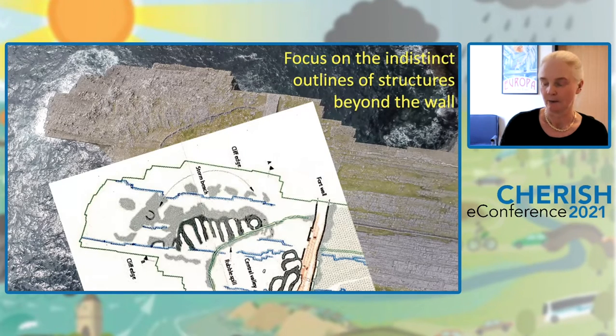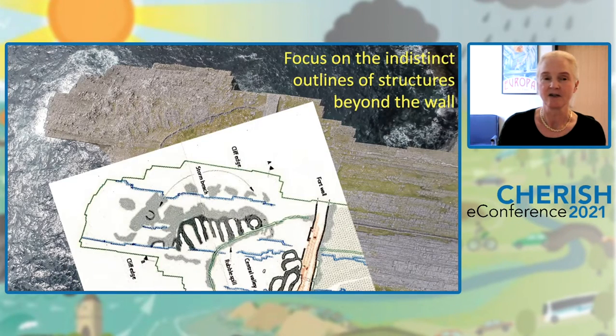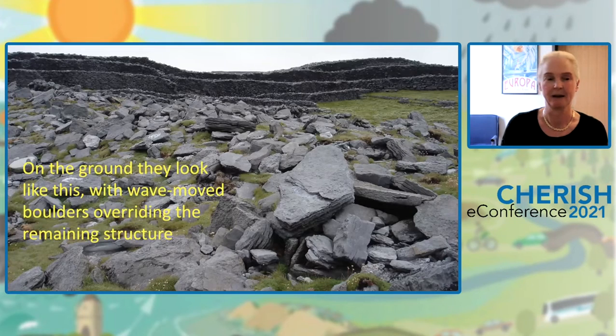And here, whereas we focus usually on the main enclosure wall and the reconstructed remains of the buildings within it, there are these indistinct structures that are out beyond that wall. And when Claire told me about them and showed me this map, I was like, you're kidding me, because I've been there and I didn't believe that there were structures there, because this is what they look like on the ground, where wave-moved boulders have overridden those remaining structures, making them extremely difficult to distinguish.